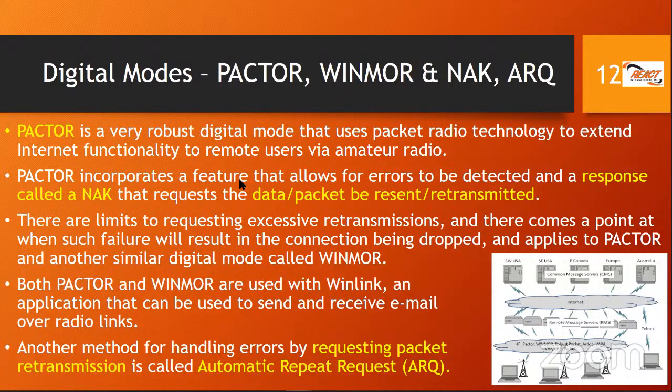That is the powerful feature that makes these protocols robust. It allows the error to be addressed by saying, please retransmit, I didn't get it correctly. So that is how errors are corrected, by sending a NAK, which tells the sender, please send that information back. Or in radio, we'll say again.